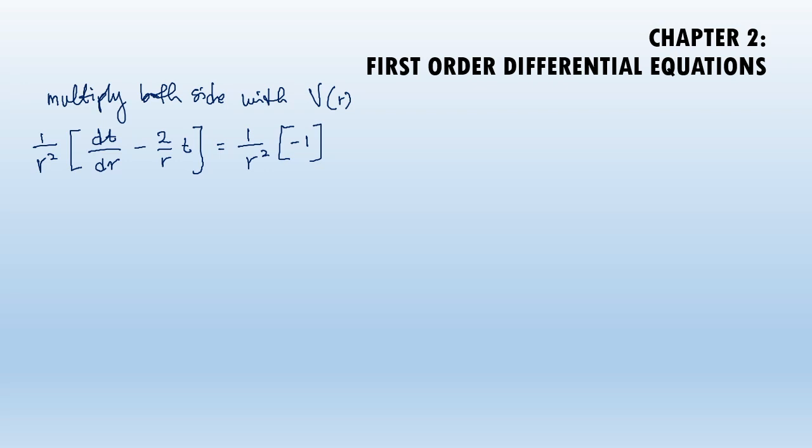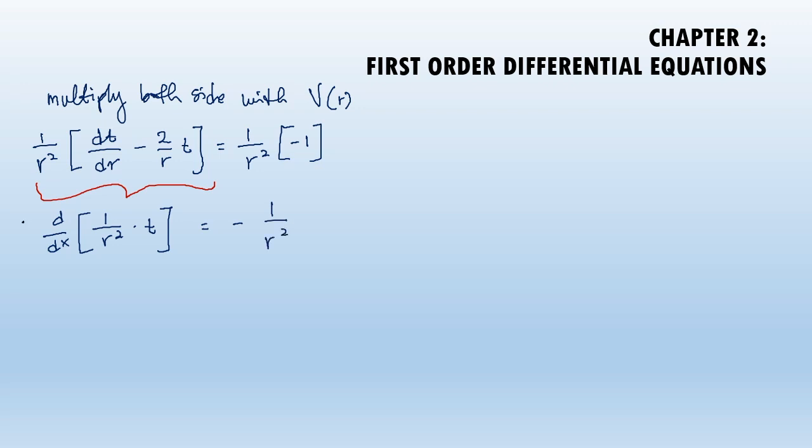As we know, on the left side we can turn it into the derivative of the integrating factor 1 over r squared times t, and we simplify the right side as negative 1 over r squared.